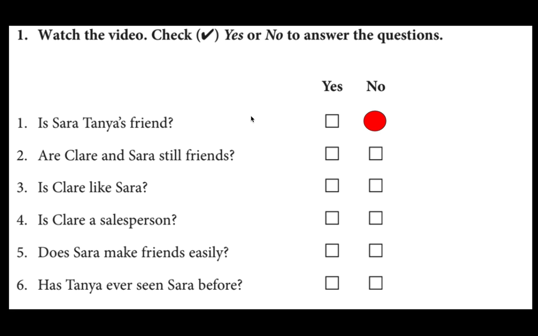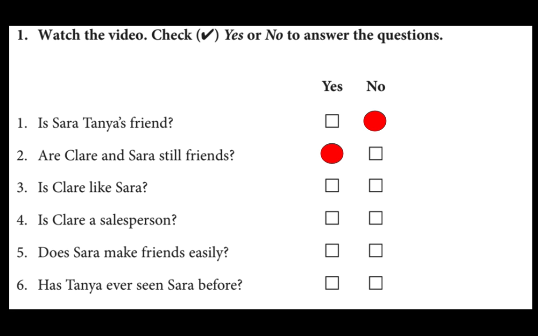Yes or no? We have been friends ever since. She was the first person that I met in college. So from college until today, they have been friends. So they are still friends.